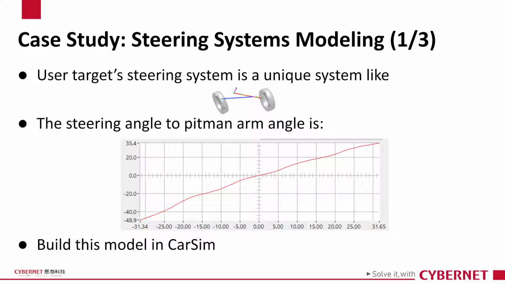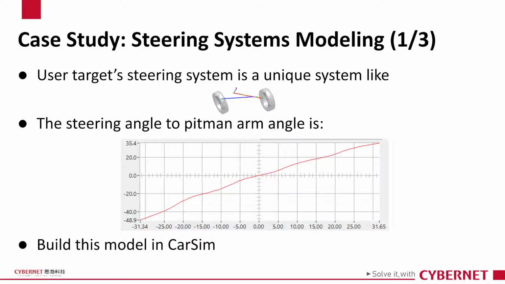The relationship between steering angle and pivot arm angle is like this graph, as a result of the multi-link arm. You can see that the relationship between steering angle and pivot angle is highly non-linear. We hoped to build it in CarSim and see what would happen.